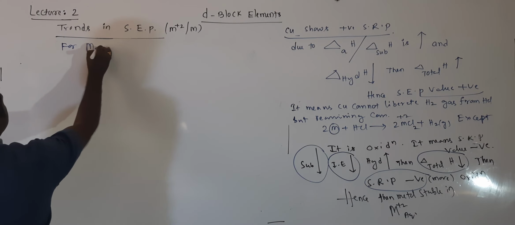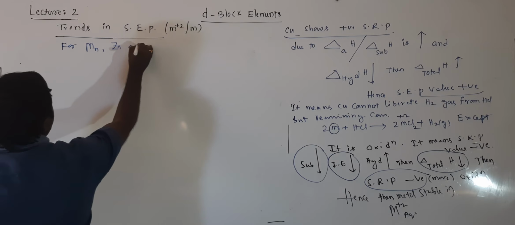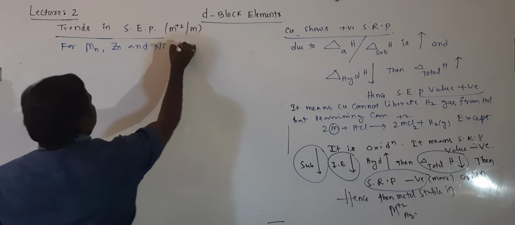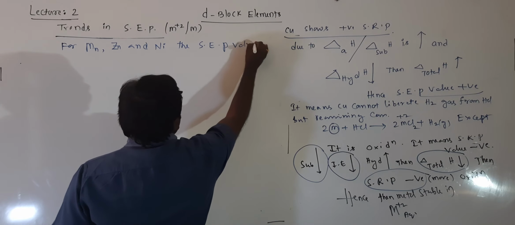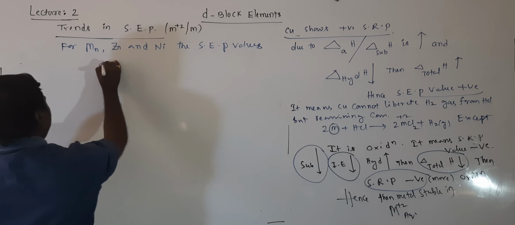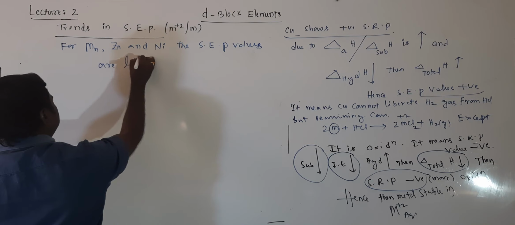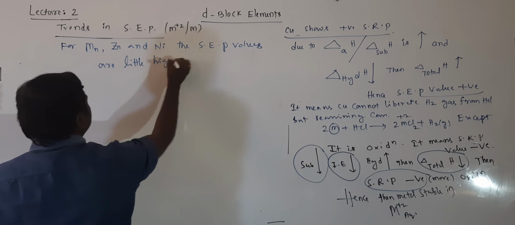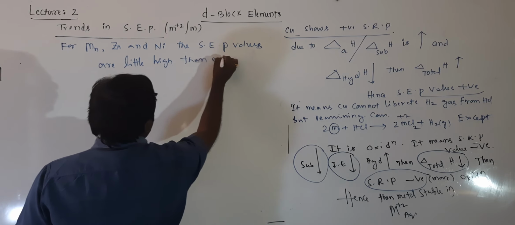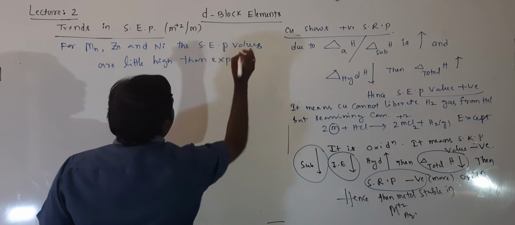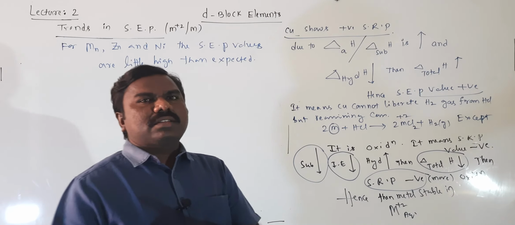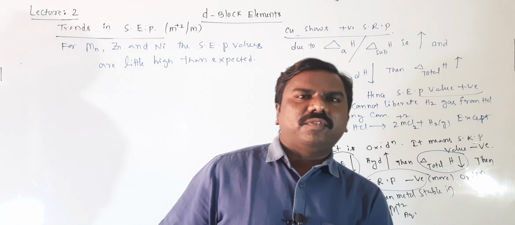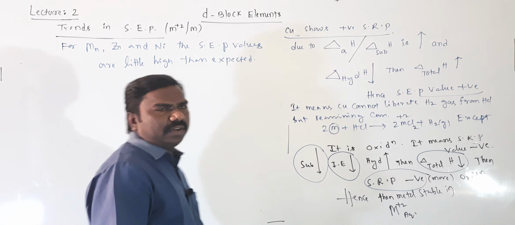For manganese, zinc and nickel, the SEP values are a little high than expected. The reason behind this: for manganese 4s2 3d5, for zinc 4s2 3d10, exceptional configuration.